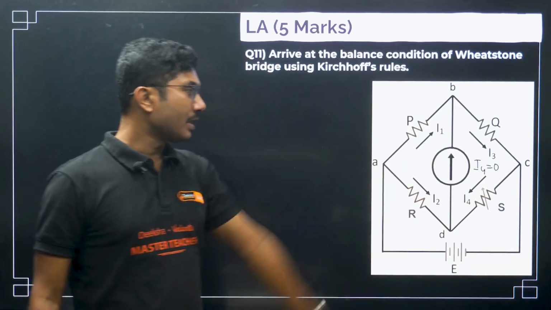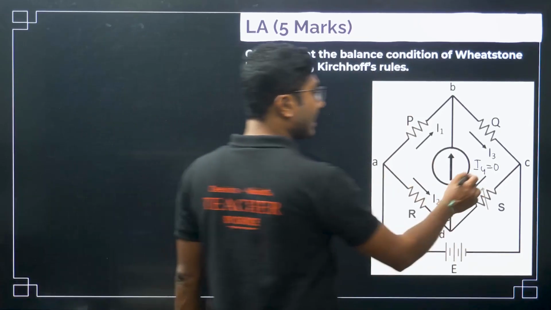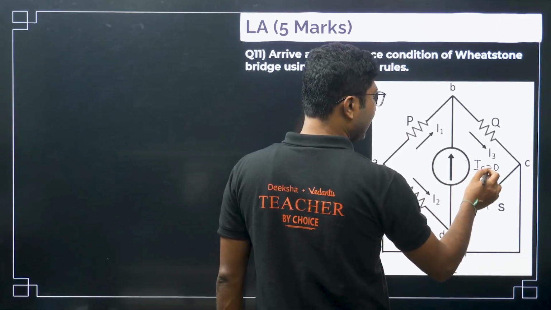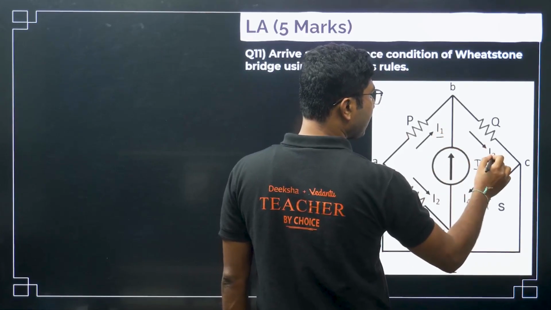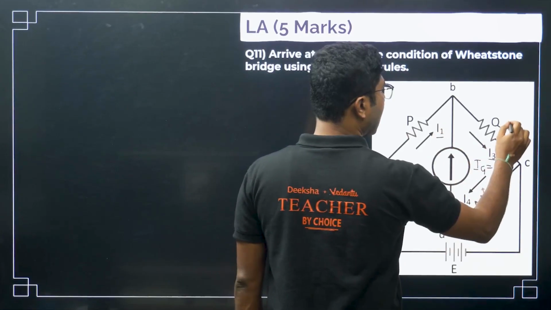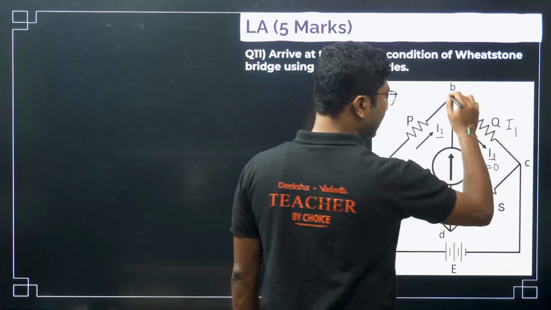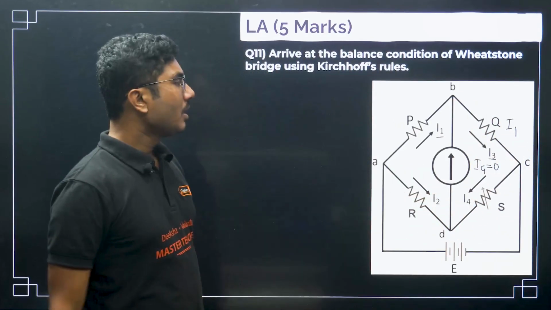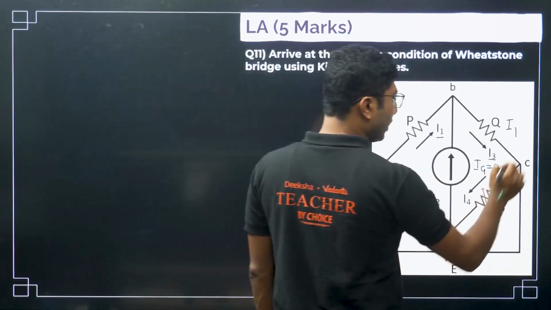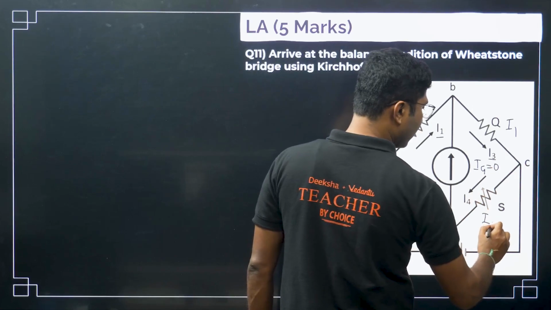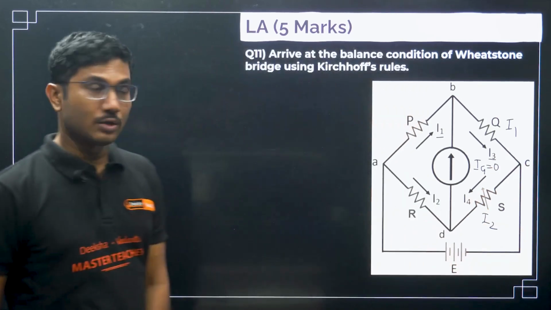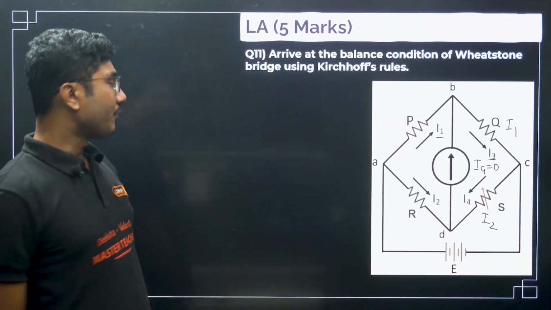This is the galvanometer, and because this current is 0, Ig is 0, that means I1 must be equal to I3. So the current through this branch, this resistance is Q1, and I2 must be equal to I4. So again the current through this branch is again I2. As simple as that.